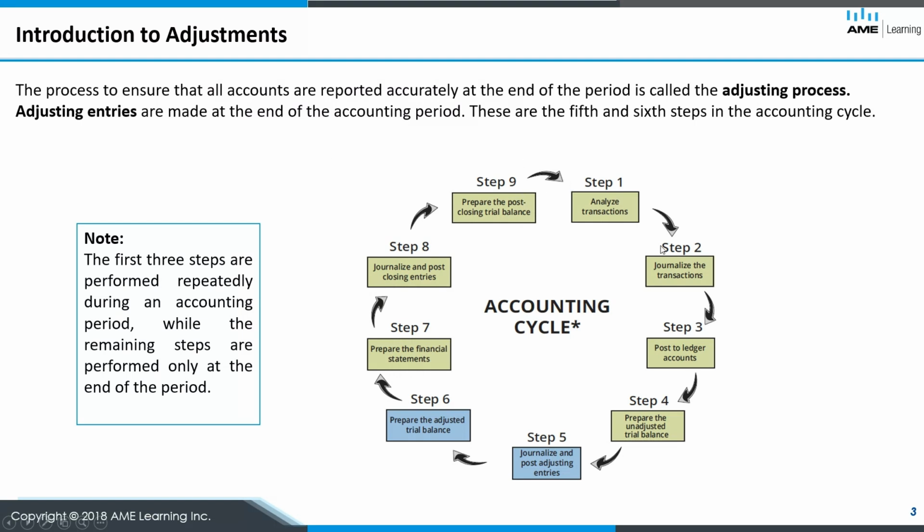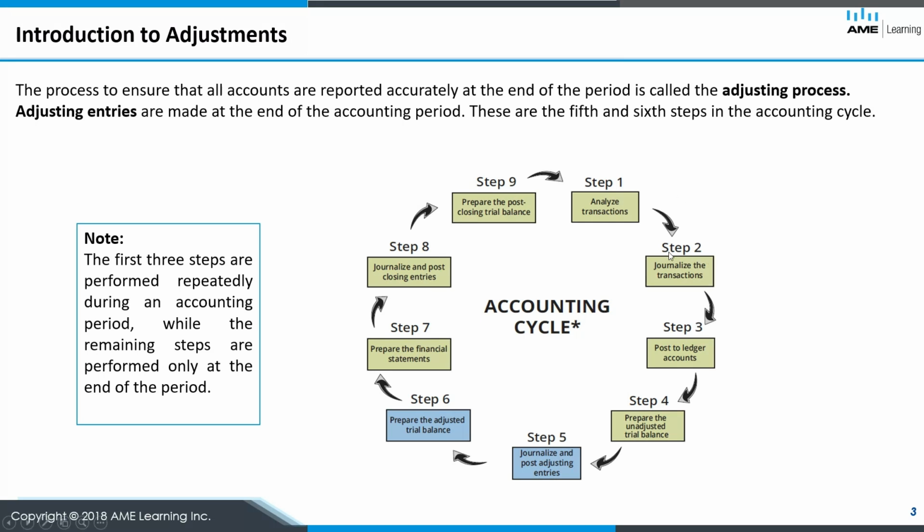Okay, so to begin, we've got this diagram here of the accounting cycle, and we've basically made it through down to preparation of the unadjusted trial balance. If you will remember, step one of the accounting cycle is to analyze what's happening in the business, essentially just look at different transactions and translate that information into journal entries.